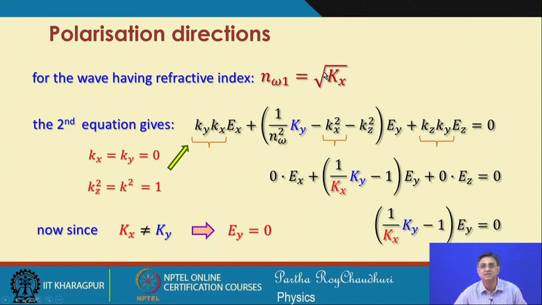So, the consequence of n omega 1 being equal to the square root of k x, the permittivity along the x direction, is that E y cannot exist. So, E y must be equal to 0. So, the wave is travelling along the z direction, the refractive index seen by this wave is n x, and there is no E y. So, it is only the E x which is surviving.